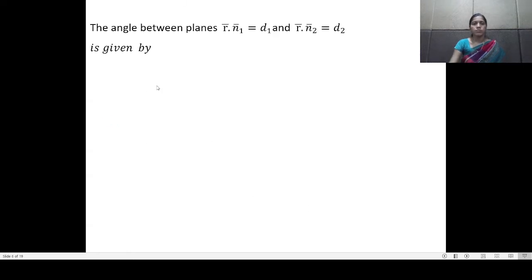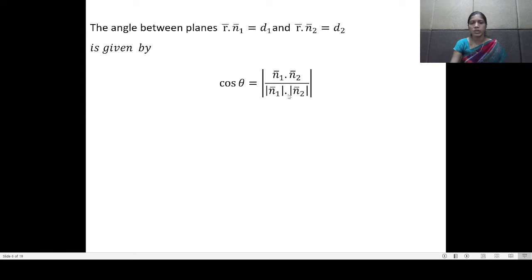Now let's see the angle between the planes r bar dot n1 bar is equal to d1 and r bar dot n2 bar is equal to d2. It is given by cos theta is equal to the magnitude of n1 bar dot n2 bar divided by magnitude of n1 bar times magnitude of n2 bar.